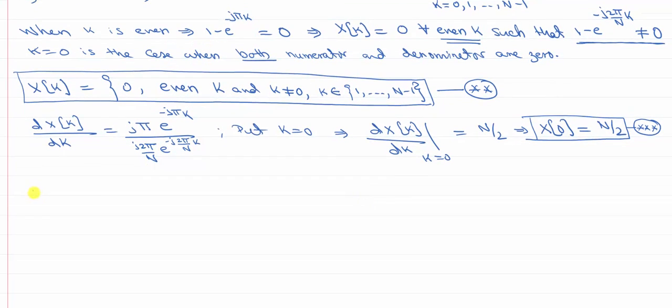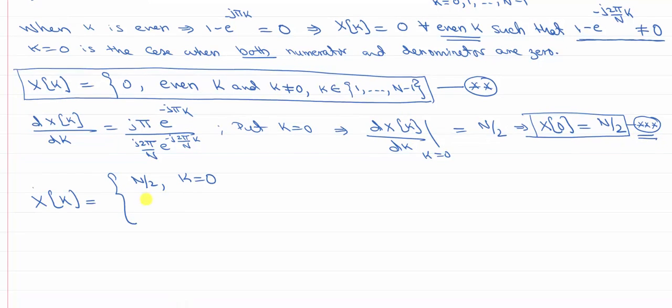So it turns out that x of k is going to be n by 2 for k equal to 0. That is due to this part.